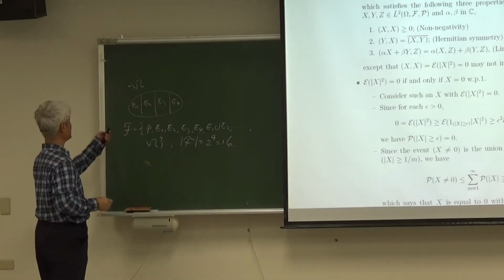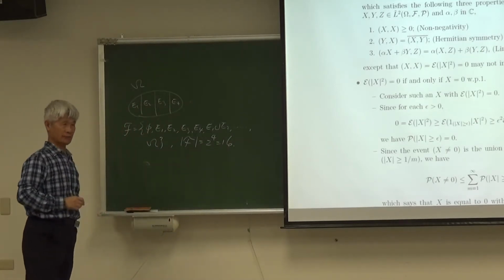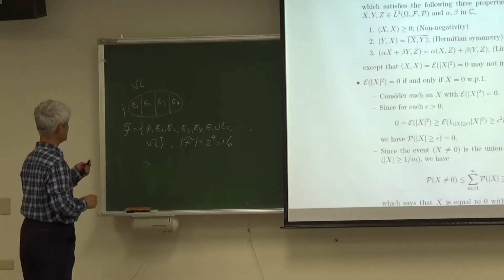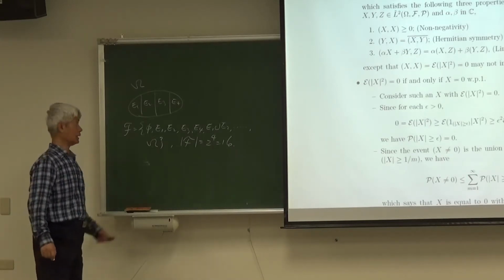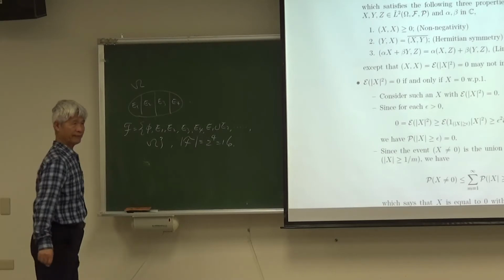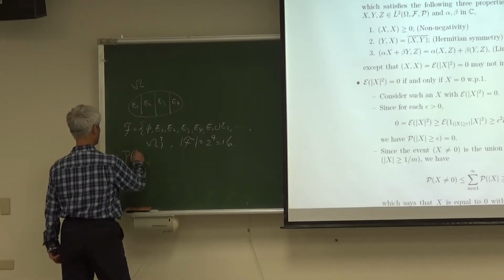For example, we can partition the sample space into 4 pieces, and we form a sigma algebra. The size of this sigma algebra is 16. This sigma algebra gives us this one, and then we define a probability measure.